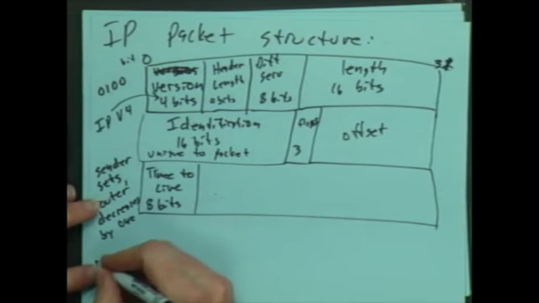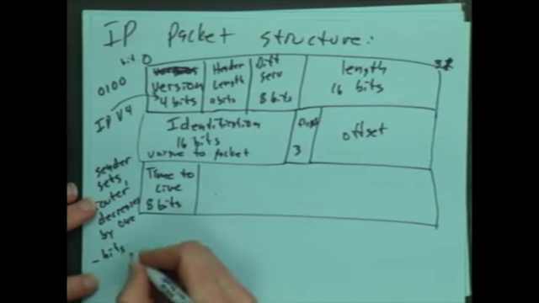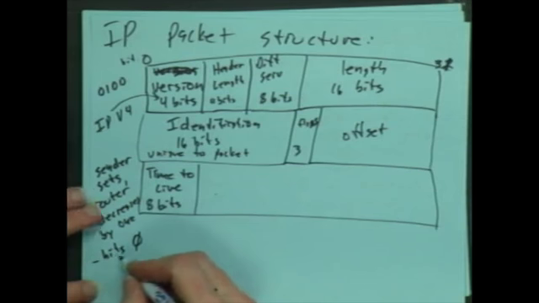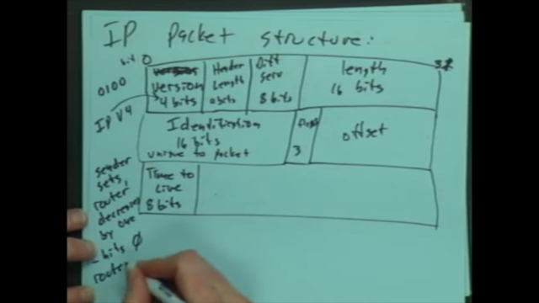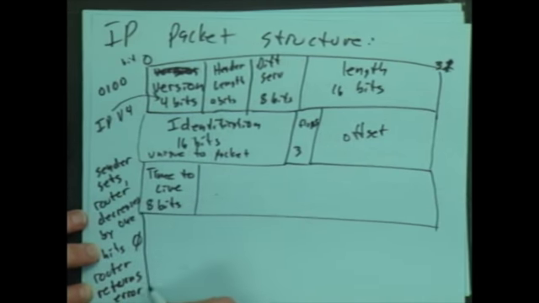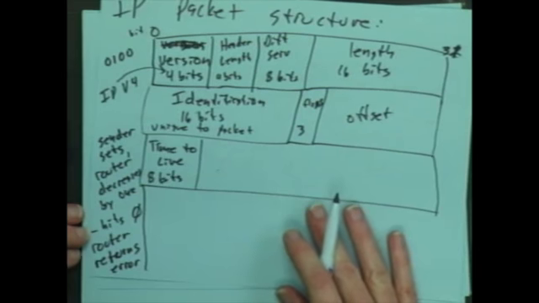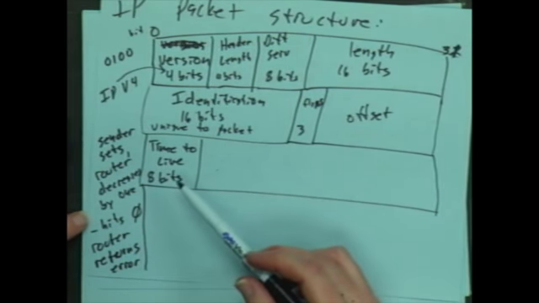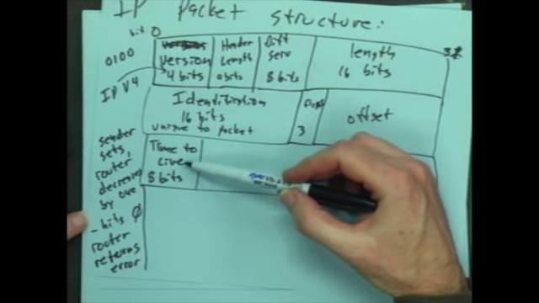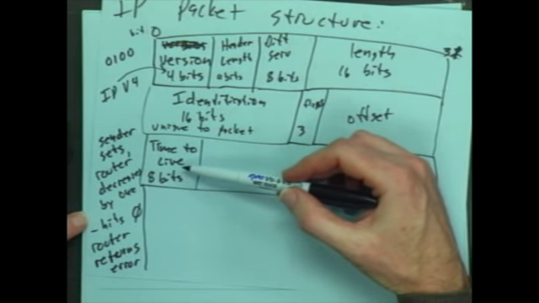When it hits 0, then the router returns an error. That's when it tells you one of those errors of destination host unreachable. The idea here is we don't want to have packets that circulate endlessly.